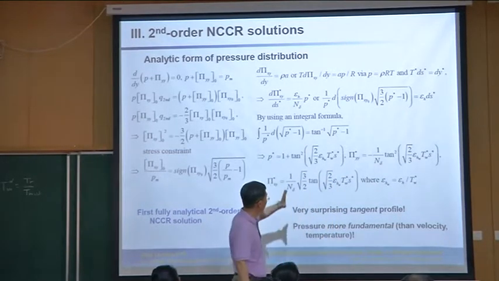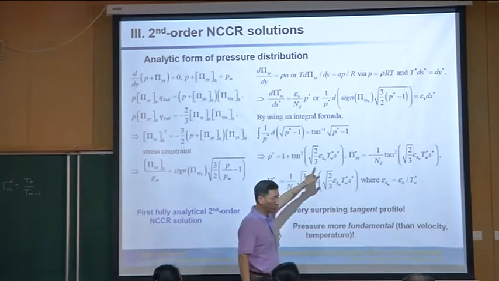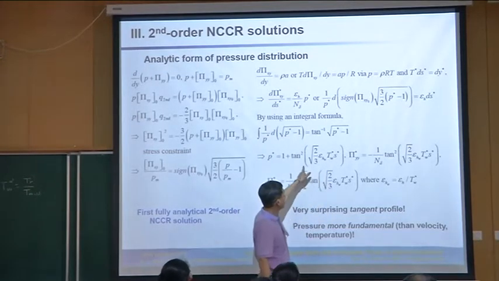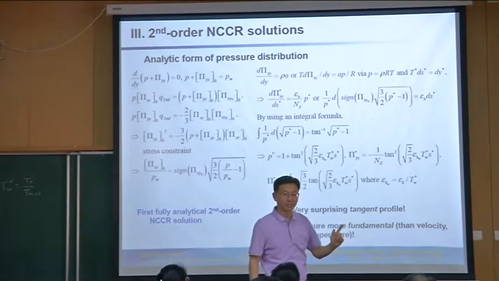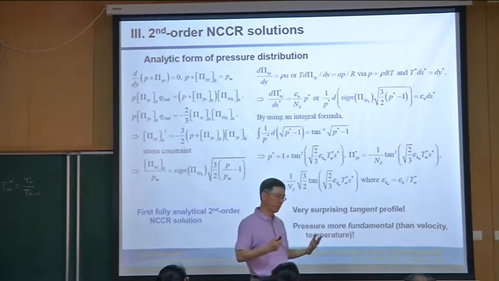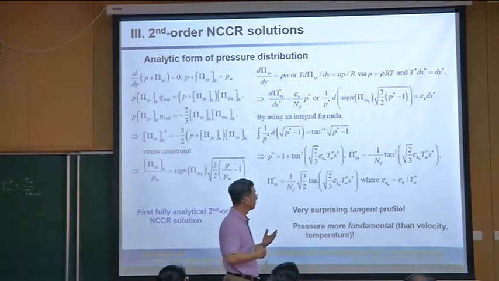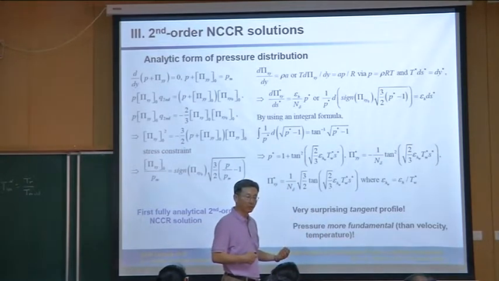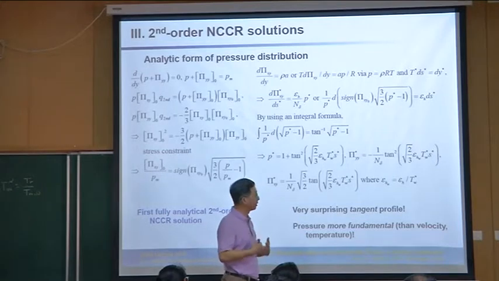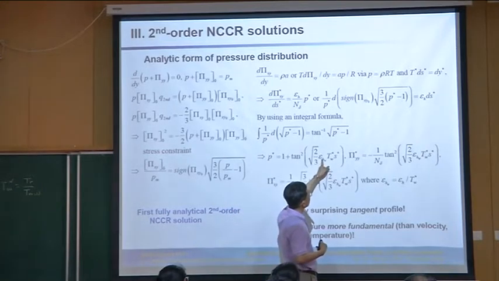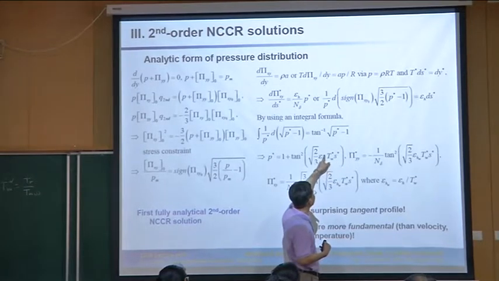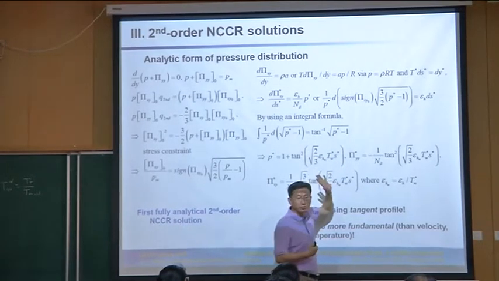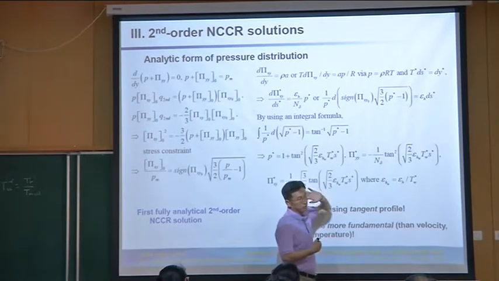I realized that this particular tangent function has a singularity, this term becomes pi over 2. I was worried about that. I panicked. After all the beautiful derivations, suddenly it had a mistake. And then after a couple of days I realized that this is constant, and its maximum value is 0.5. Therefore, if 0.5, let's say this is 1, this is really a big number. Therefore, you are in big trouble.